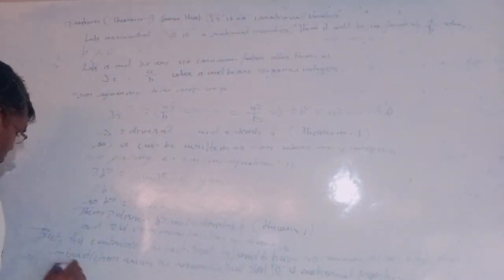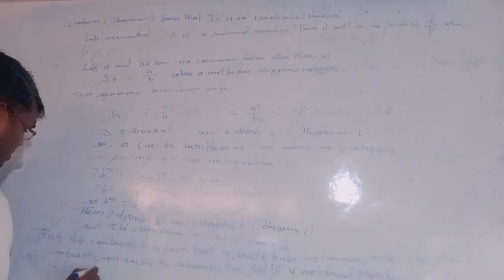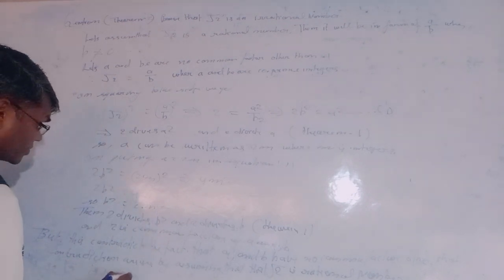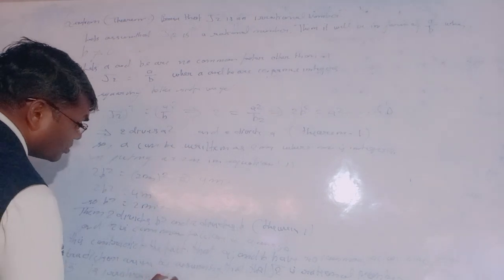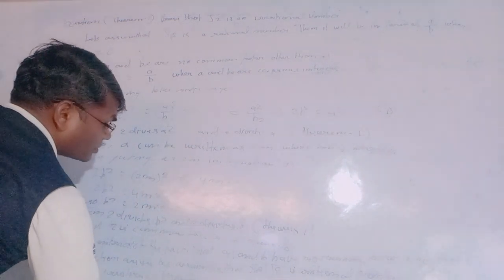So root 2 is an irrational number. Proved.